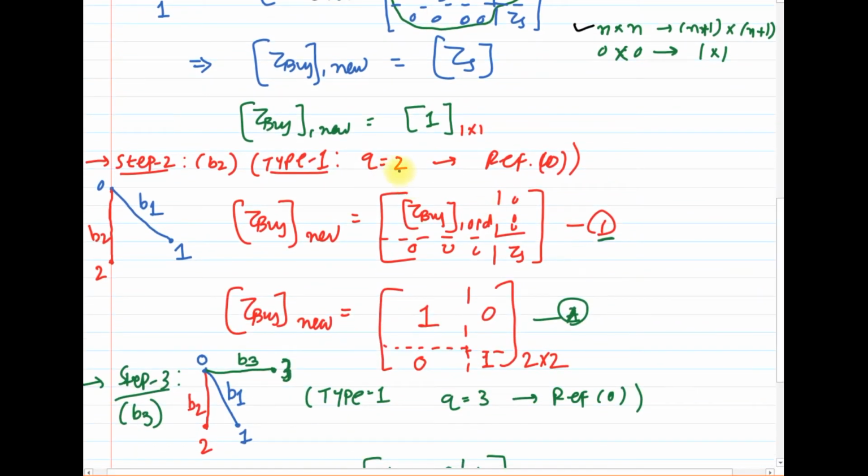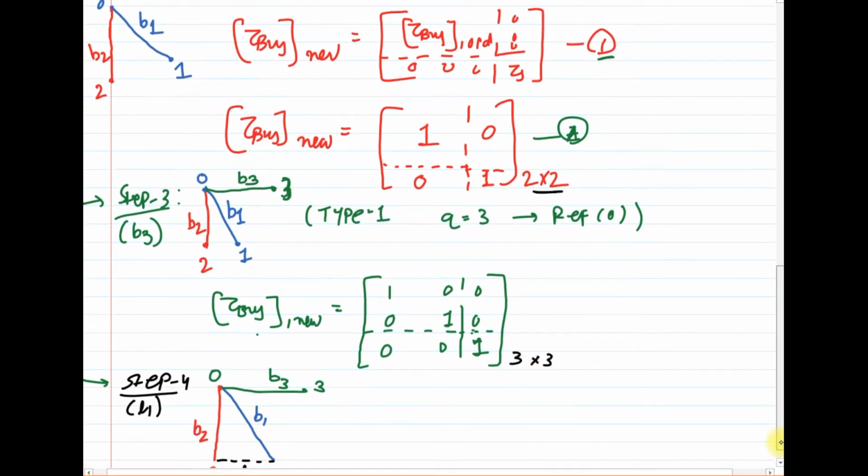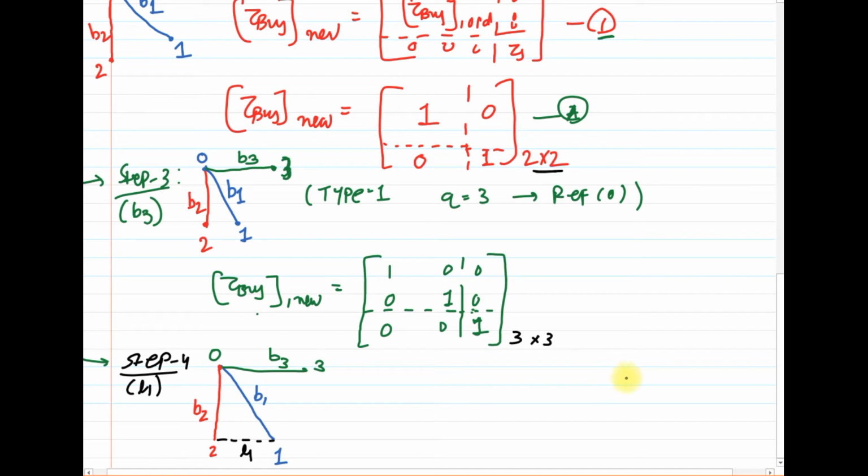Yes, then after the new element is added, which is B2, then size will be upgraded by 1, which is 2 cross 2, and same way the new element B3 is added into the system in step number 3, and the size will update by 1, which is 3 cross 3.